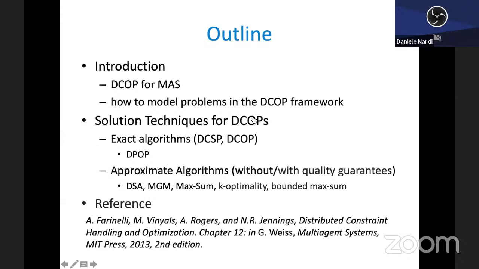Okay, so we are online now, and we can start talking about distributed constraint optimization. There are two reasons for choosing this particular topic among the multiple topics that we could have chosen in multi-agent systems. As I mentioned previously, the field is quite large and developed, and we cannot cover it all.